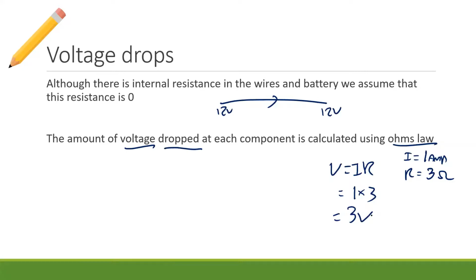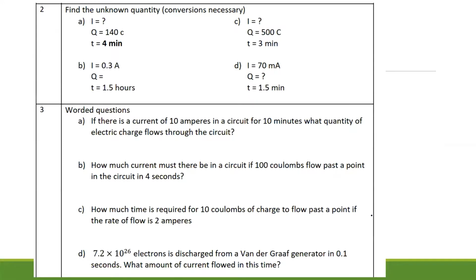What I wanted to finish up with is these parts here. This is the first page in Electronics 1. You guys can download this, print it off and fill it out, or just copy the questions down.